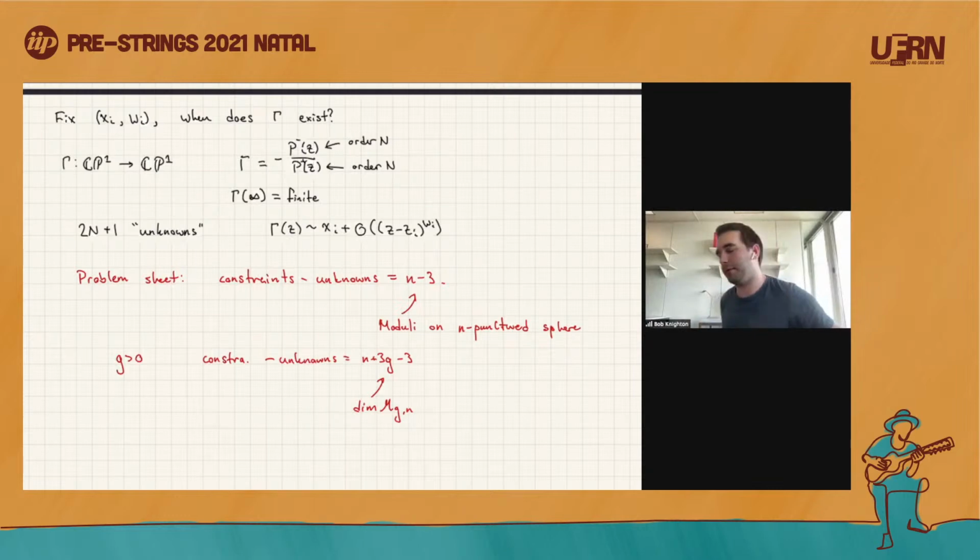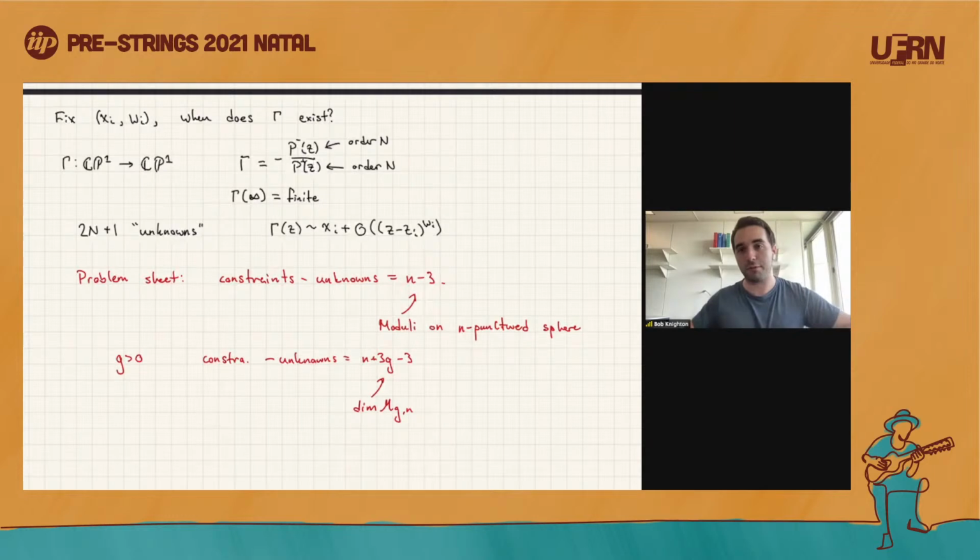I don't know if this is related to an index theorem, but this is essentially the Riemann-Roch theorem. So this can be argued from Riemann-Roch. So you have some dimension. You might ask, what's the dimension of such maps, or of the space of such maps? And the dimension you find is negative, it's negative n minus 3.